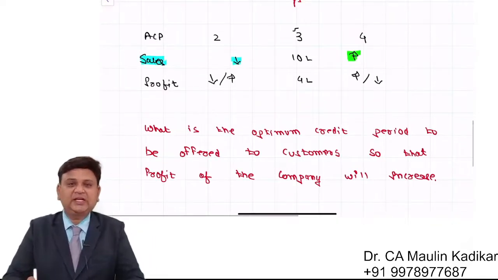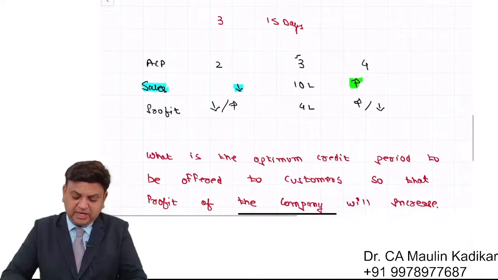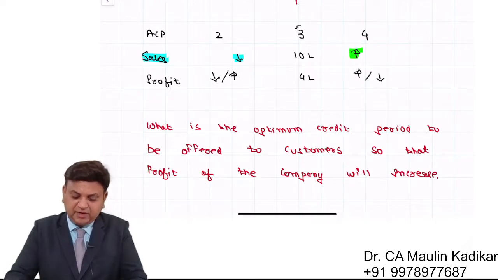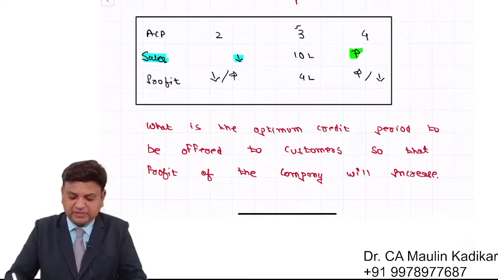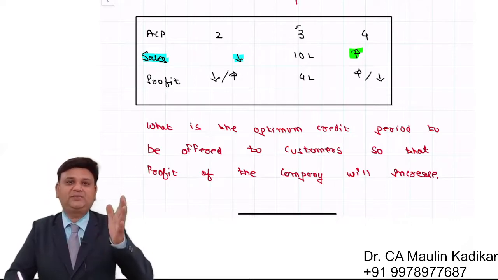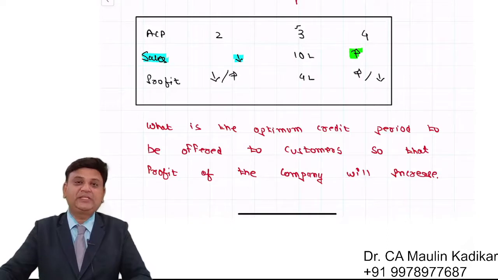With the increase in the credit period, sales increases. With the decrease in the credit period, sales is falling down. However, the profit of the company may not change in the same direction. So in this chapter, the learning point is what is the optimum time period of the credit that we should offer to the customers so that we will be able to maximize the profit. This is the learning point that we have in the chapter of receivable management.